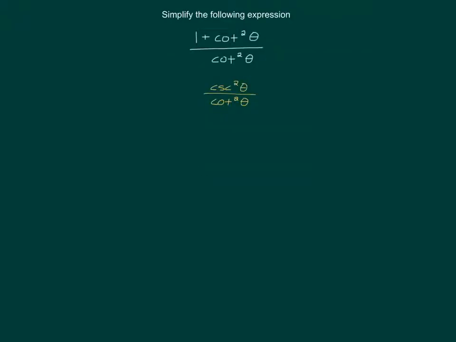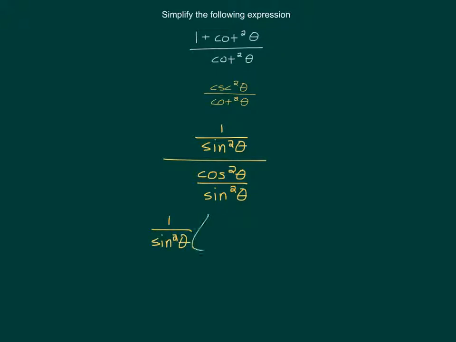So now what we can do is say that cosecant squared is 1 over sine squared. Cotangent squared is cosine squared over sine squared. How do you divide two fractions? You multiply by the reciprocal. So we have 1 over sine squared theta times sine squared theta over cosine squared theta.